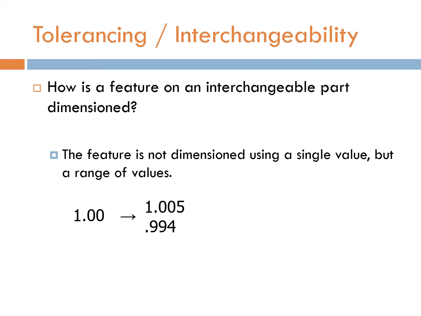If the exact dimension is simply 1 inch, it's not possible for it to always be 1 inch. So we make a range of values, and that range allows us to have some buffer to interchange parts within that range, and we will always be able to find a part that fits.